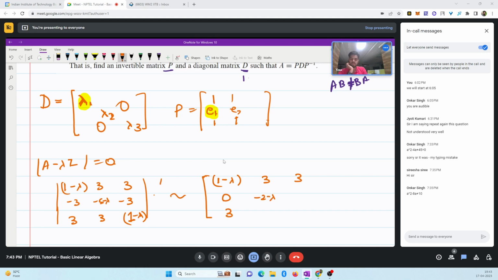I'm just doing R2 goes to R2 plus R3, and this would become minus 2 minus lambda. This is 3, this is 1 minus lambda.